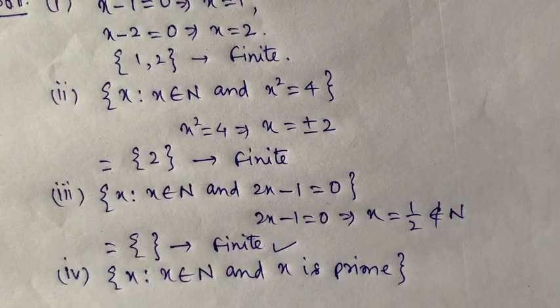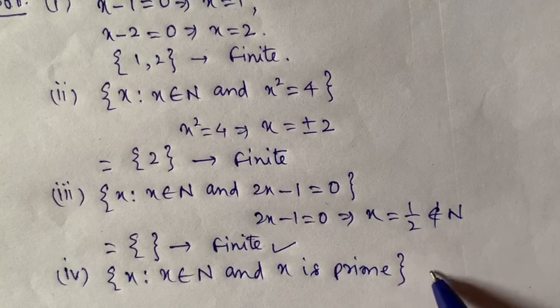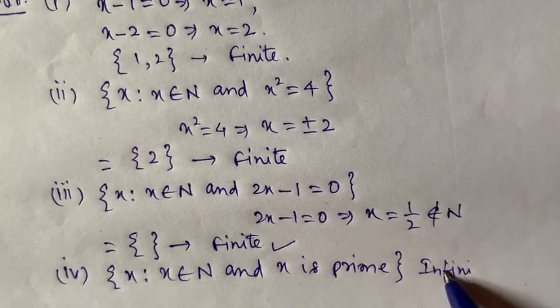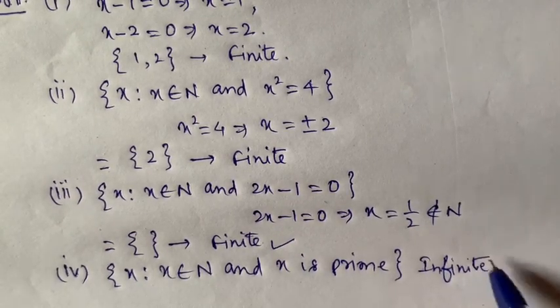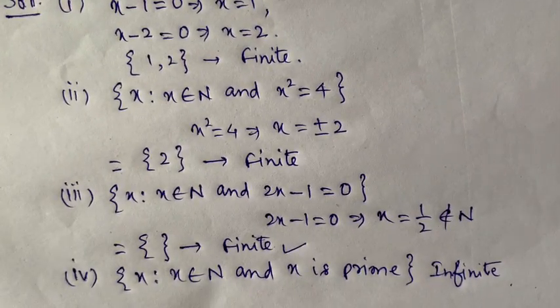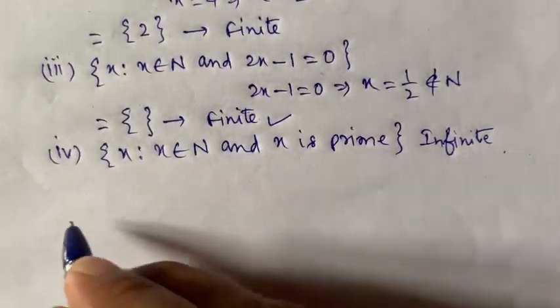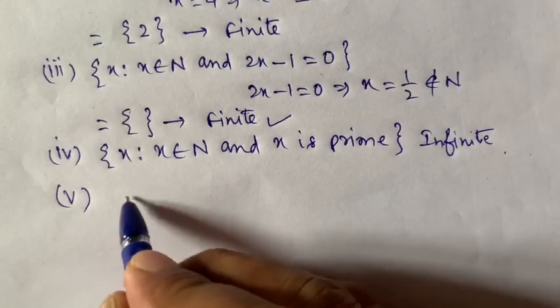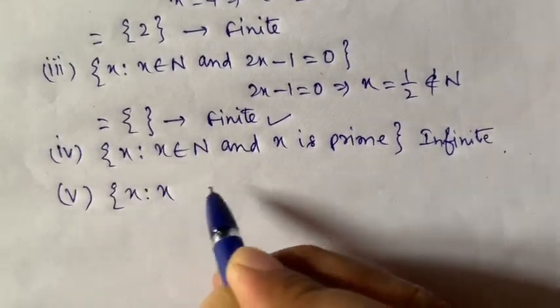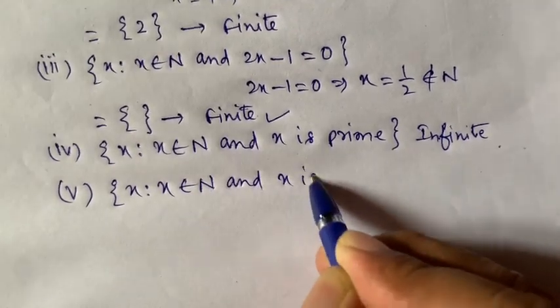Now we know that the prime numbers are unlimited, that means infinite. So the set of prime numbers will also be infinite. So we will write here: infinite. Set of prime numbers is an infinite set. Now we will consider the fifth part and it is x such that x belongs to the set of natural numbers again and x is odd.